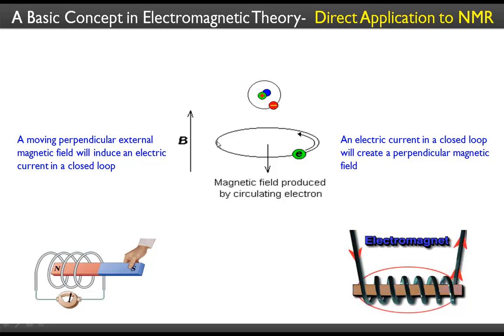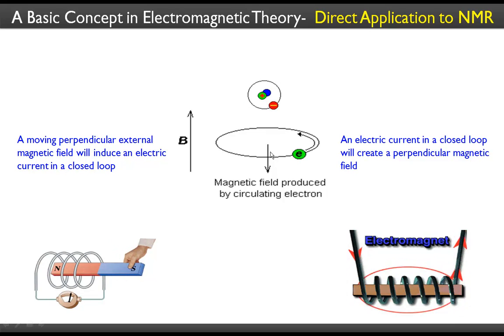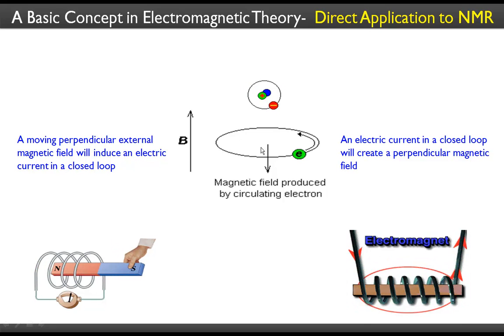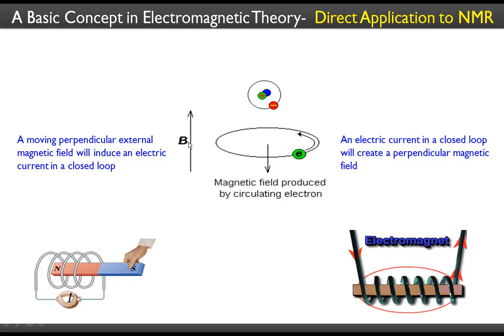For example, if the nucleon has a spin along this axis, the magnetic momentum that it generates would be perpendicular to the axis of spin. If it were to spin in this direction, then this magnetic field would be perpendicular to that direction. It would be aligning with the external magnetic field.